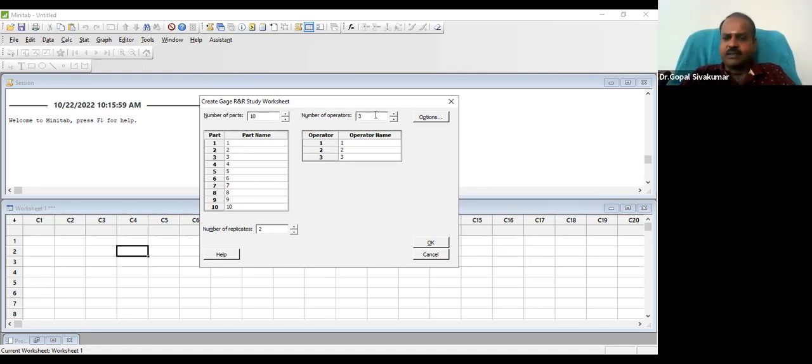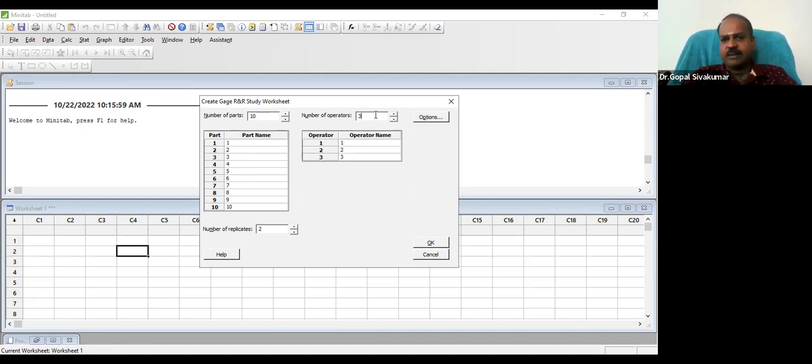Now, number of operators is purely based on the situation. If there are too many operators, you can go for 5 or even 10. But if you are sure only 3 quality inspectors are there, probably involve all 3. And if there are too many, you can use a random sampling technique and choose 3 or 5 or the number of appraisers you want.